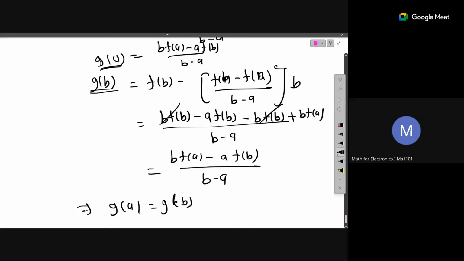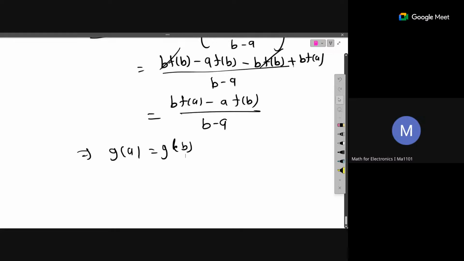So what does it say? It says that g actually satisfies all the conditions required for Rolle's theorem. So that means we can apply Rolle's theorem over this function g.